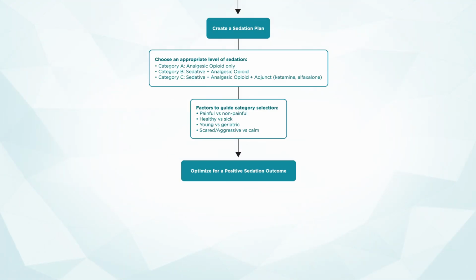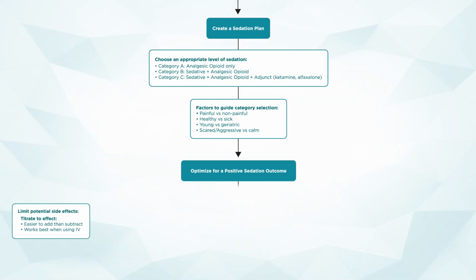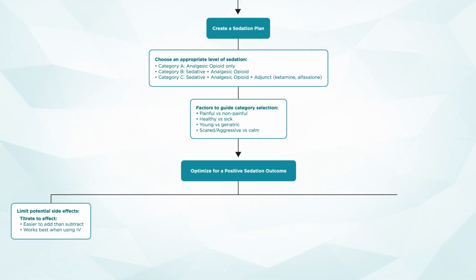And so then you look at this. We want to limit our potential side effects. Things that we can do that will help minimize and limit some of those potential side effects are to titrate to effect. The thing that I always think is that it is easier to add than subtract. So if I am choosing an IM pre-med for my patient, I can always give a little bit more if I need to.